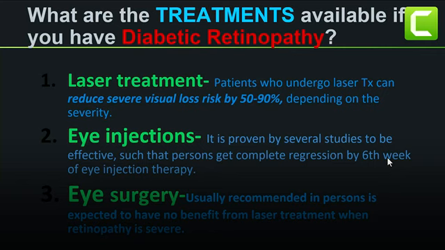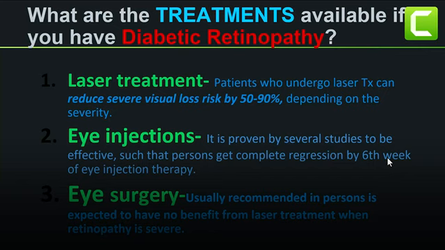The other treatment available is eye injections, and these treat badly affected central areas of the retina that are sight threatening. It is proven by several studies to be effective, such that persons get complete regression by the 6th week of eye injection therapy.